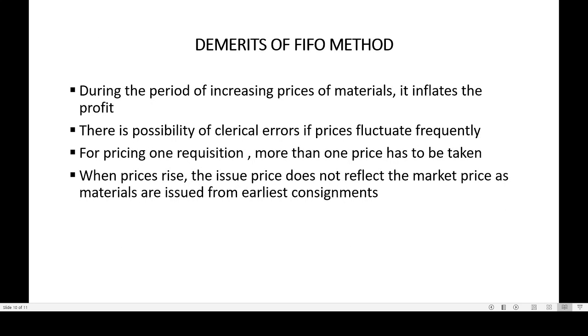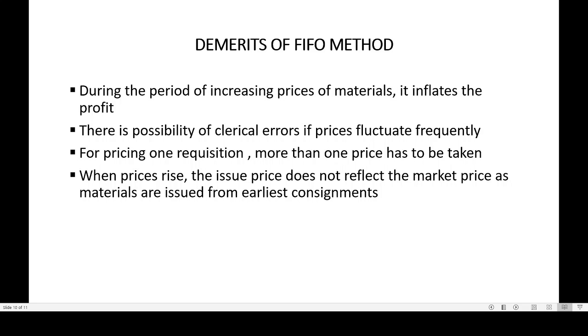Now, the demerits of the FIFO method: in case of rising prices, the charge to production will be low as compared to the replacement cost of materials. It leads to the inflation of profits. If the prices of materials fluctuate frequently, this method may lead to some clerical errors.